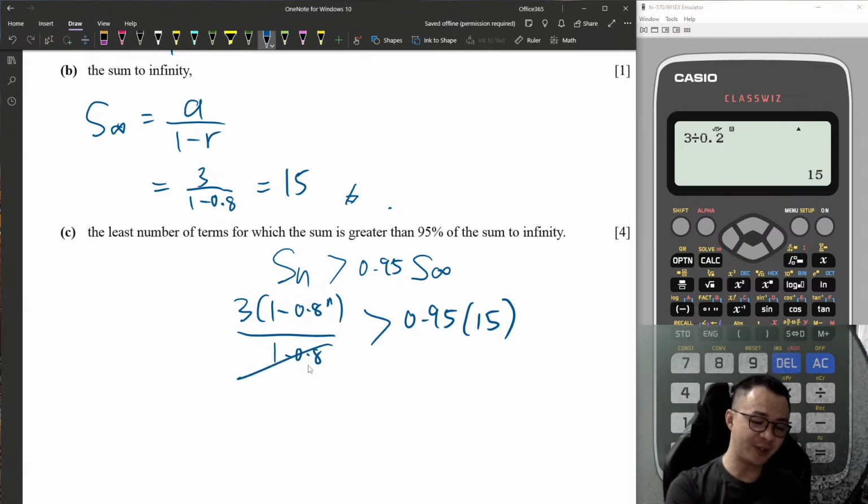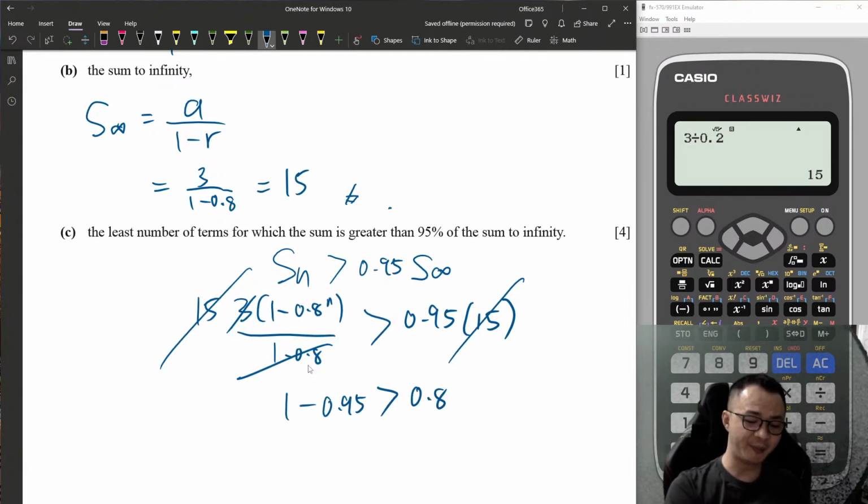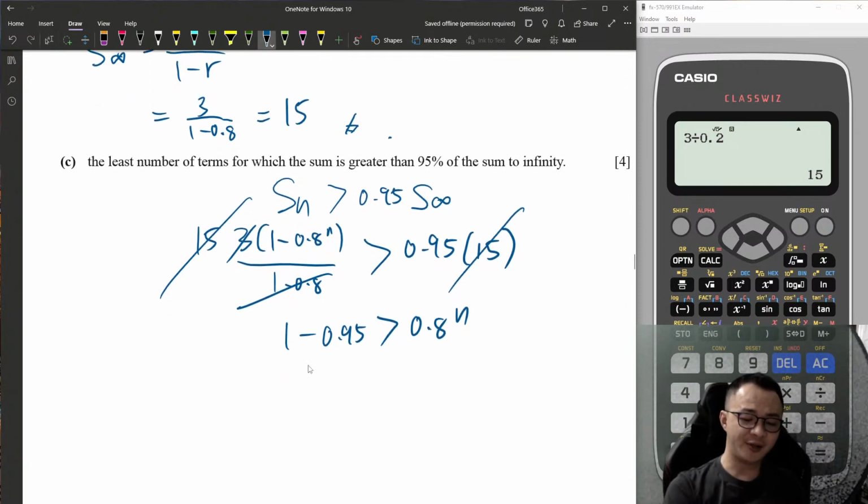Okay, so this one simplify, I got 15 here. Both sides divided by 15, I cut. Then this one, 1 minus 0.95, bigger than 0.8 to the power of n. Okay, so this is 0.05, bigger than 0.8 to the power of n.